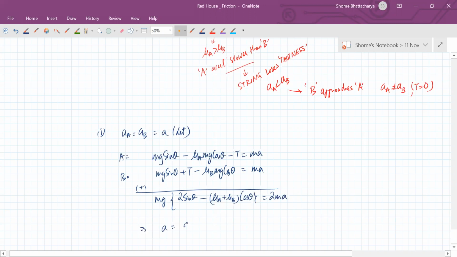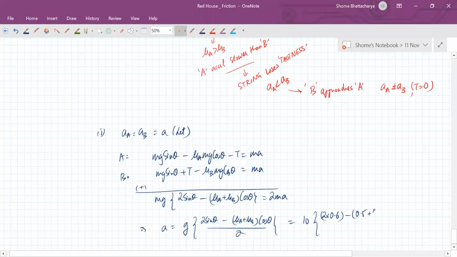So a will become g into (2 sin theta minus (mu A plus mu B) cos theta) divided by 2. So it will become 10 into (2 into 0.6 minus (0.5 plus 0.6) into 0.8) upon 2.